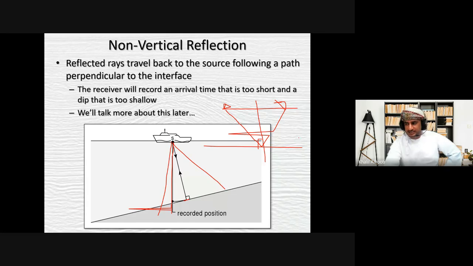Unless there is a dip, then where is your perpendicular line? It goes here and is reflected back. That's the reality if this layer is dipping.